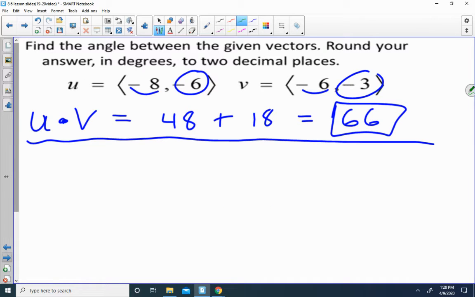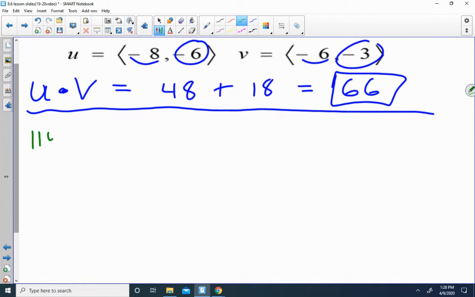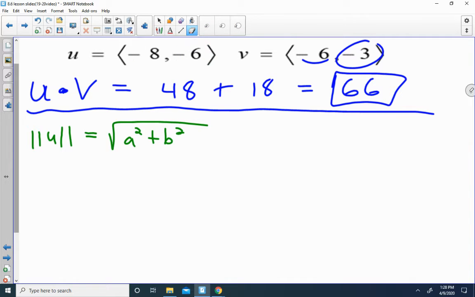So let's go ahead and do that next. So magnitude of u. I'm going to go ahead and use the old way for this one, and then I'll do the new way for the magnitude of v. So magnitude of u, I'm going to use the square root of a squared plus b squared, where for u, this is a and this is b.